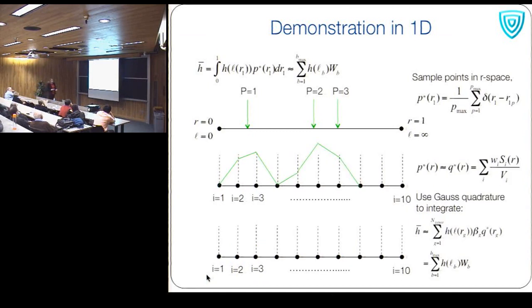And so this is the same function again. What we do then is use Gauss quadrature to integrate under this function. So we take, this is just 1-point quadrature. At the center of each of these cells, we put a Gauss point, and we assign the weight to that Gauss point based on the Gauss quadrature parameters and this green function here.